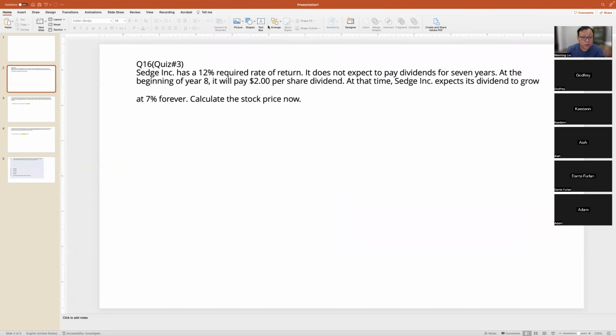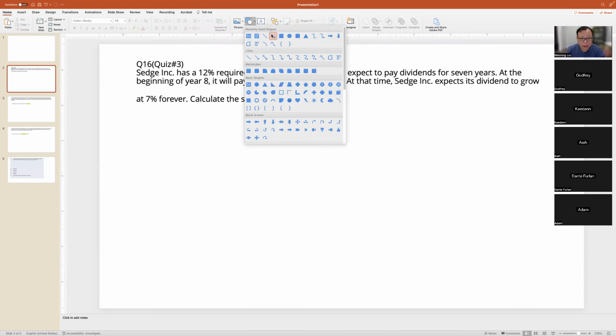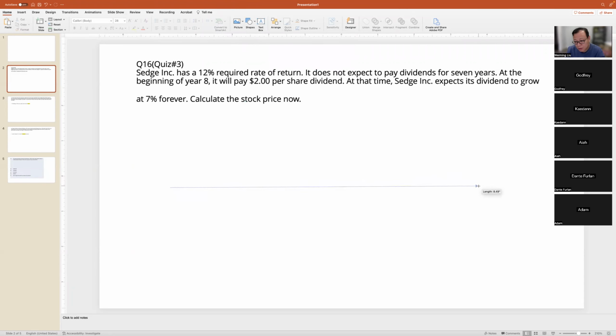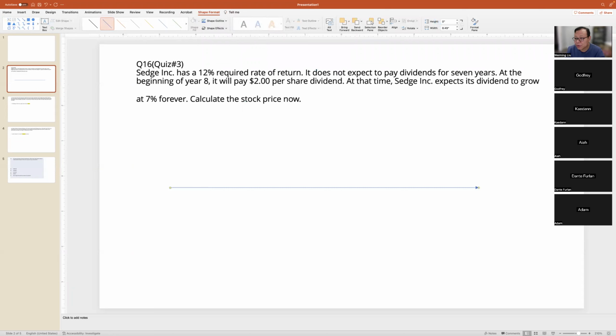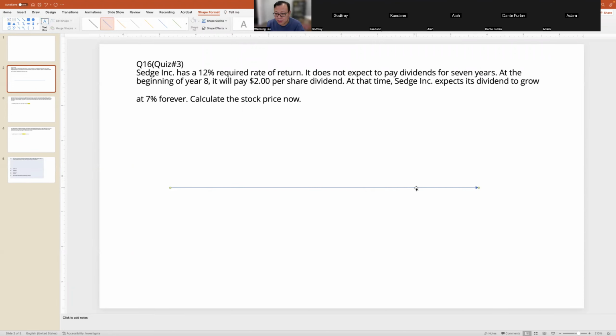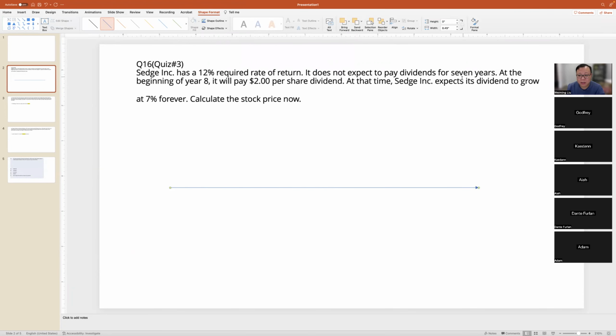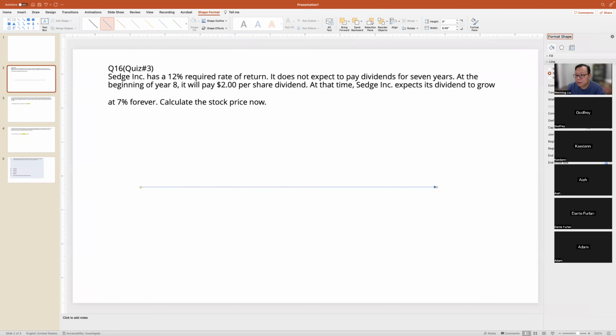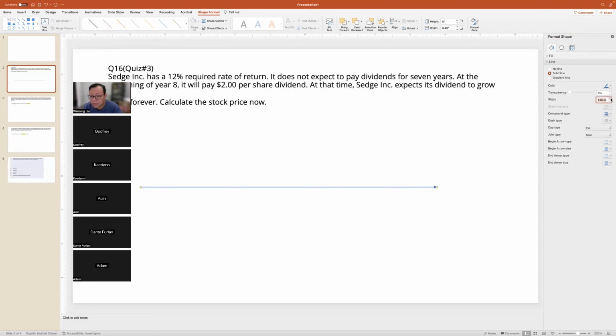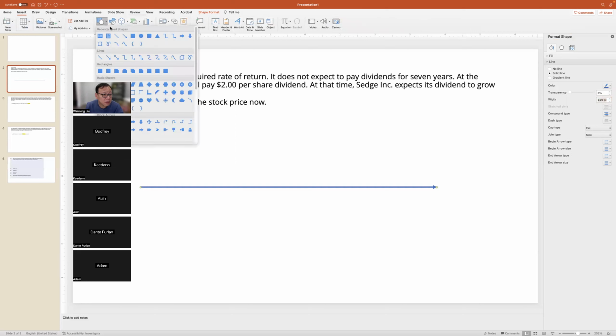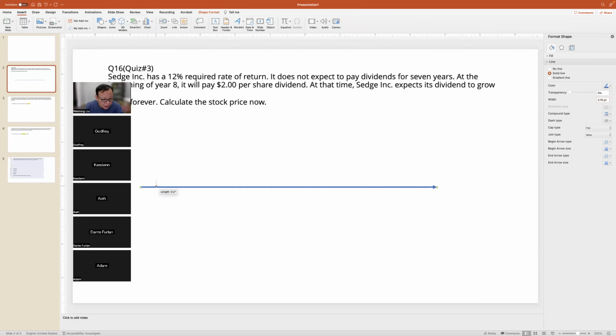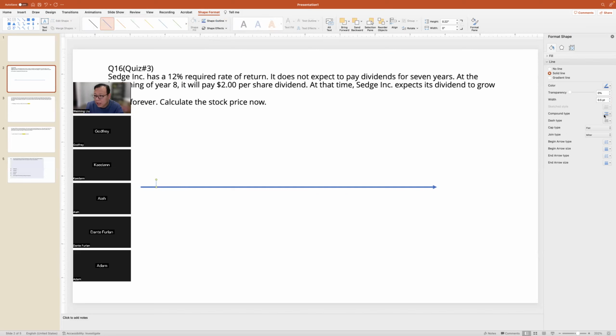First, I want to build a timeline. That's always the first thing I want to do. This would really help me understand the cash flows.